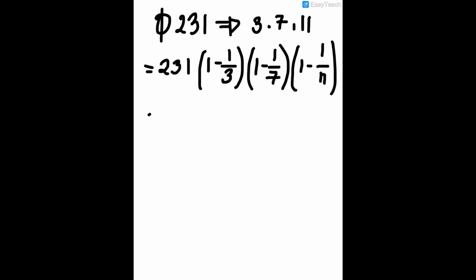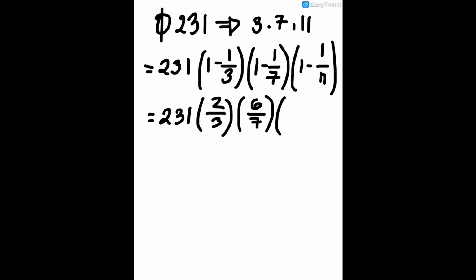Next step, 231 times 2 over 3, because 1 minus 1 over 3 is 2 over 3, times 1 minus 1 over 7, which is 6 over 7, times 1 minus 1 over 11, which is 10 over 11.